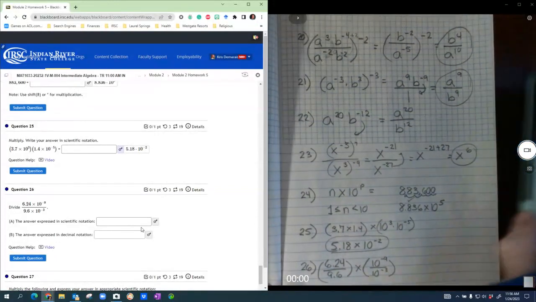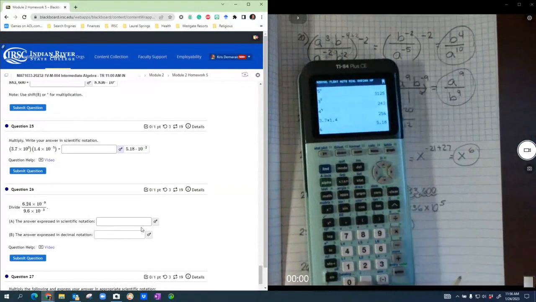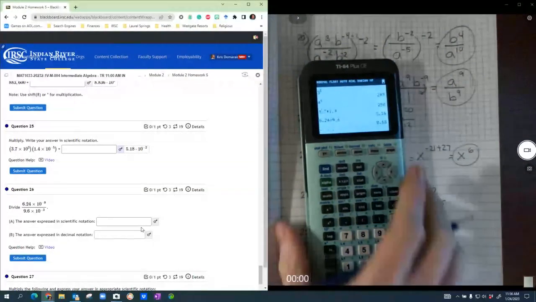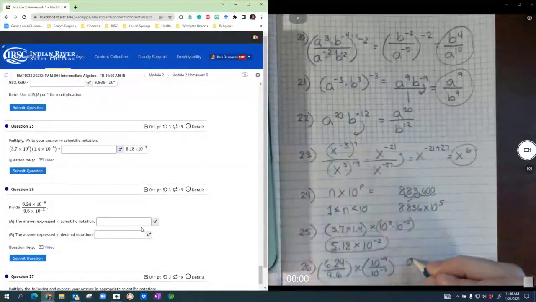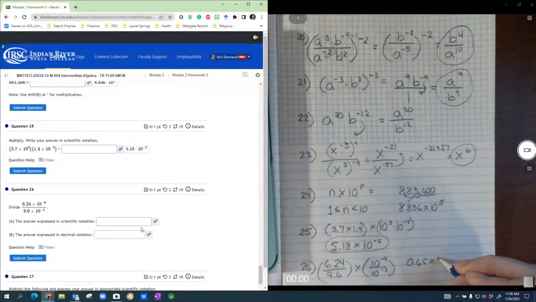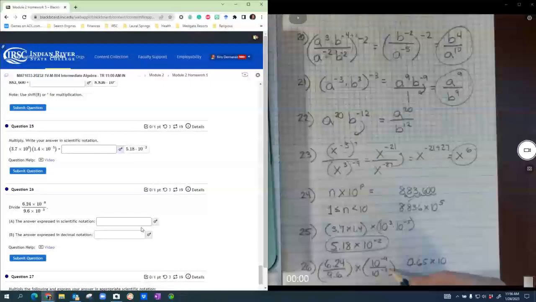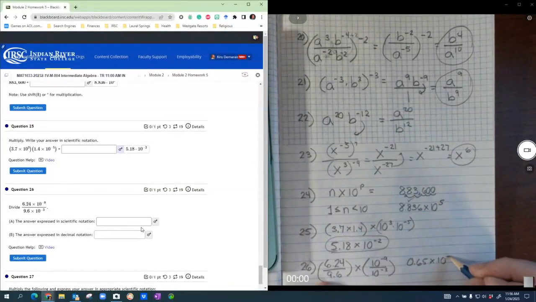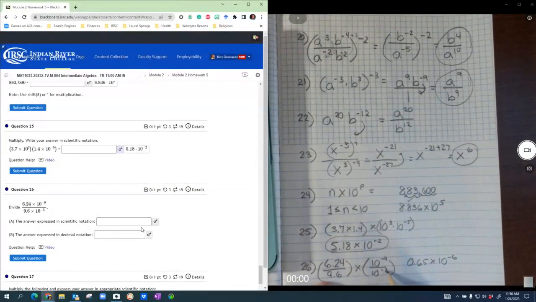Now, we take 6.24 and divide that by 9.6, and you're going to get 0.65. All right, and then we have 10, and it becomes negative 6 because we add 3 to negative 9 and get negative 6.